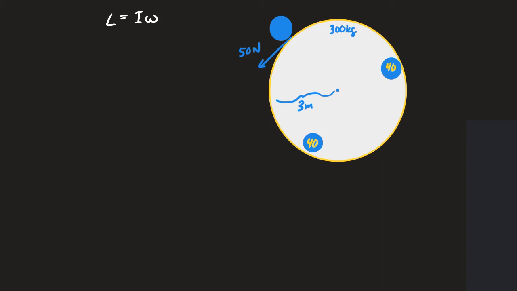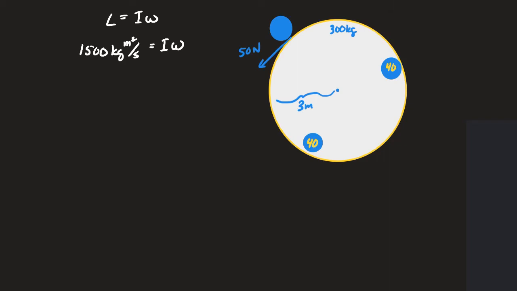Nope. That's why I need you to be more involved. Got it, Chris? So we have 1,500 kilograms meters squared per second as the angular momentum. We're going to set that equal to I omega.